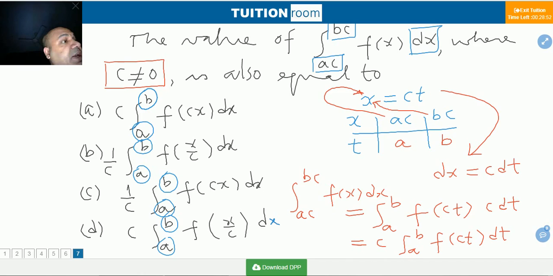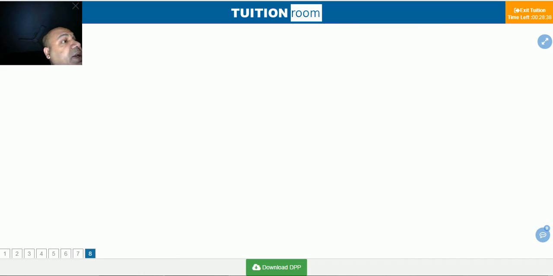Any constant can always be taken outside the integral sign. And since we are dealing with a definite integral, where we have limits, the integration variable can be interchanged. Hence, it will be equal to c times the integral from a to b of f(cx) dx.